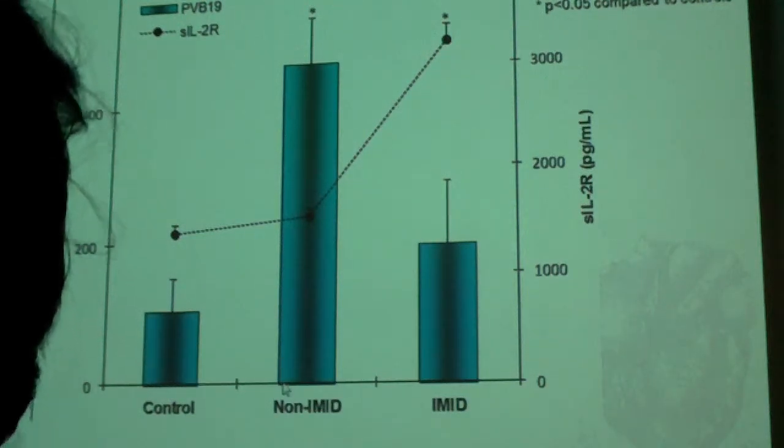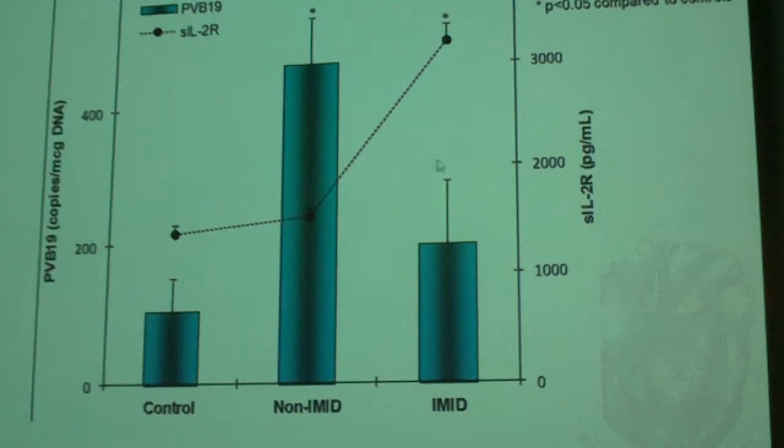So this group is more due to virus-mediated heart disease, while the patients with an immune disease had virus a little bit higher, but similar compared to the control group, and they had an extremely high soluble interleukin-2 level, also compatible with their immune-mediated disease. So you can differentiate between a more immune-mediated disease or a more viral heart disease.